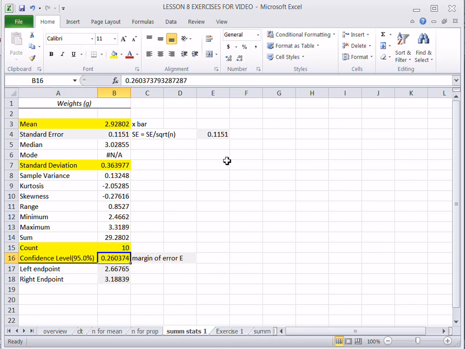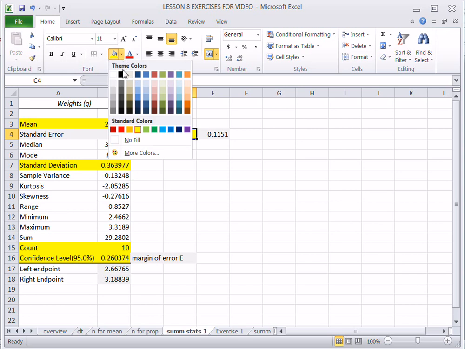All right, so the standard error is the standard deviation divided by the square root of n. Okay, so the standard deviation divided by the square root of n is a definition of the standard error.